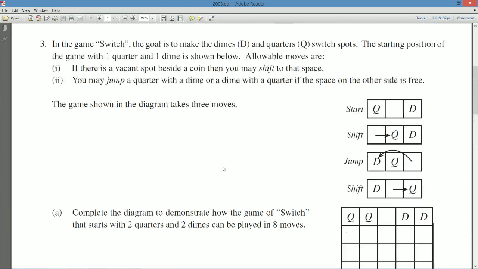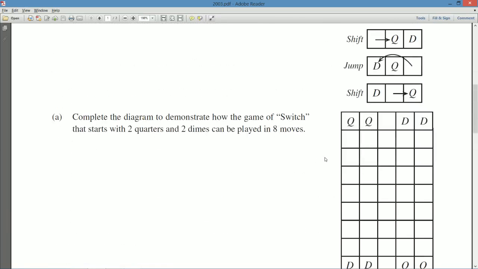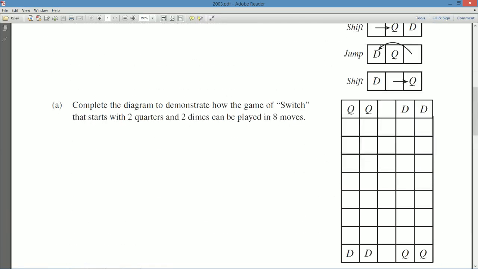Alright, so, this first quarter, he goes over here, he gets jumped, then the dime moves over and he jumps into this spot, and that's where he stays. And then the second quarter eventually follows him in.